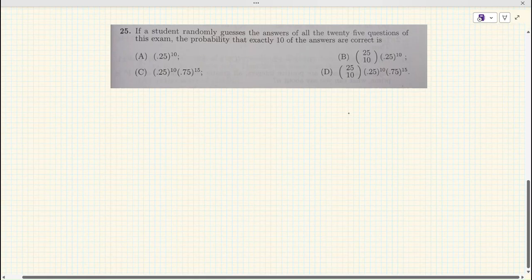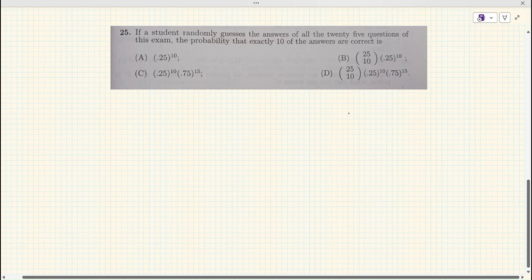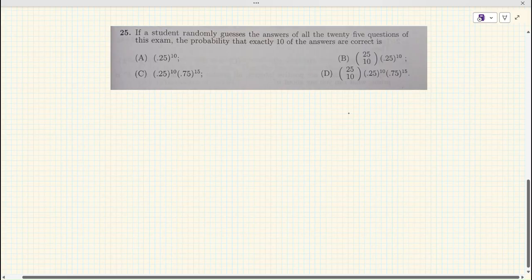So today we have a question from ISI B.Math 2006, which asks: if a student randomly guesses the answers of all the 25 questions of this exam, the probability that exactly 10 of the answers are correct is. It's a pretty easy question for ISI.